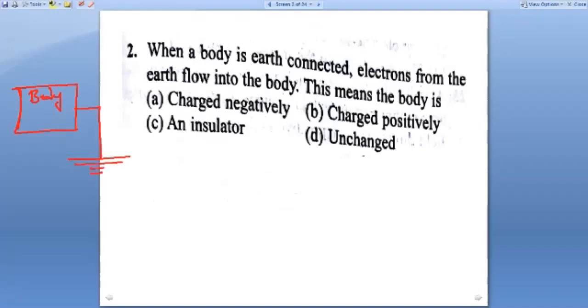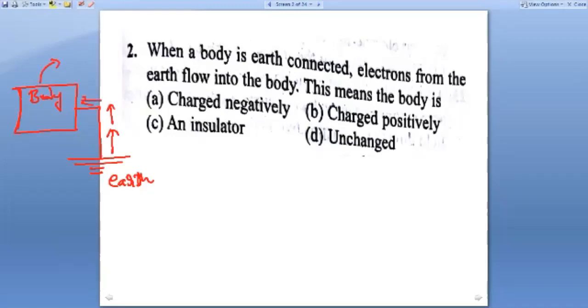Earth means sharing of electrons. Electrons from the earth flow into the body, from the earth to the body. So in this direction electrons flow. So does the body become positive charge, negative charge, insulator or uncharged?